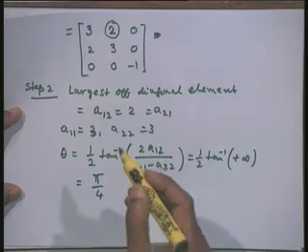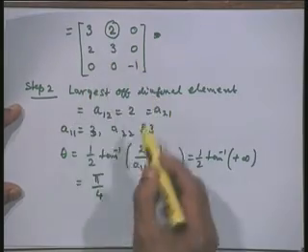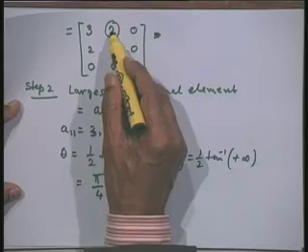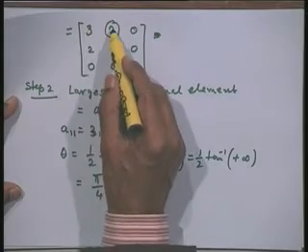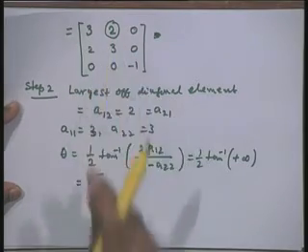Now the values of cos theta, sin theta would lie in these 4 locations. We are making the A12 location as 0, therefore cos theta will be here, minus sin theta and cos theta will be located here.